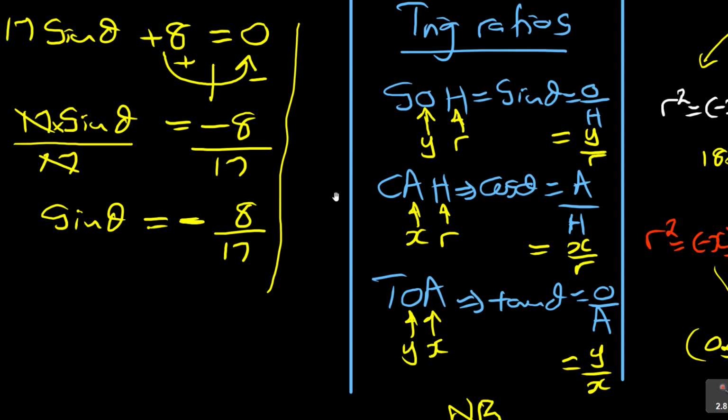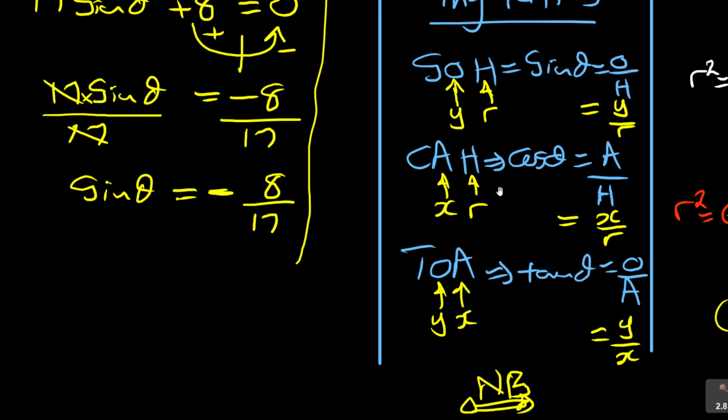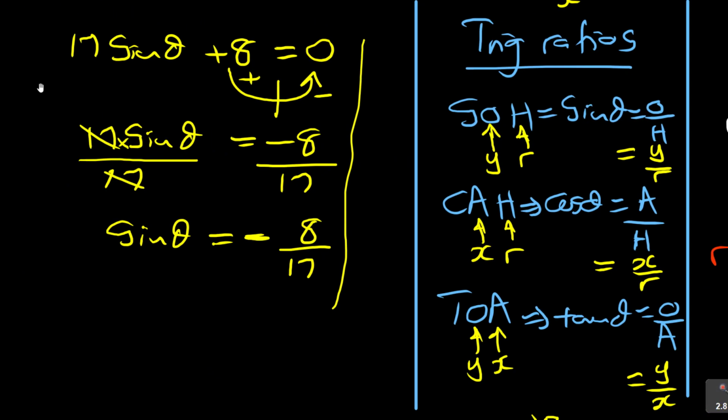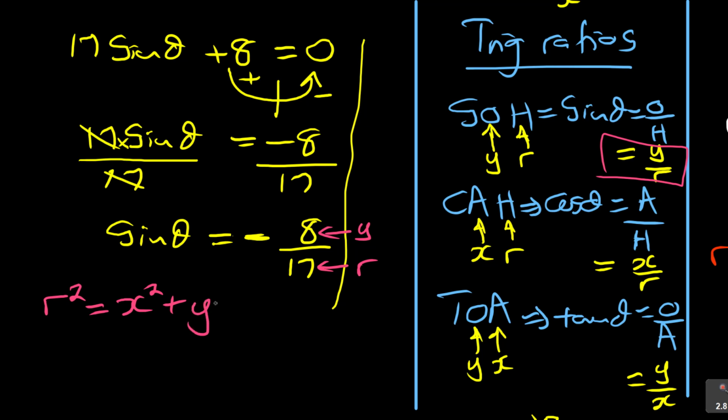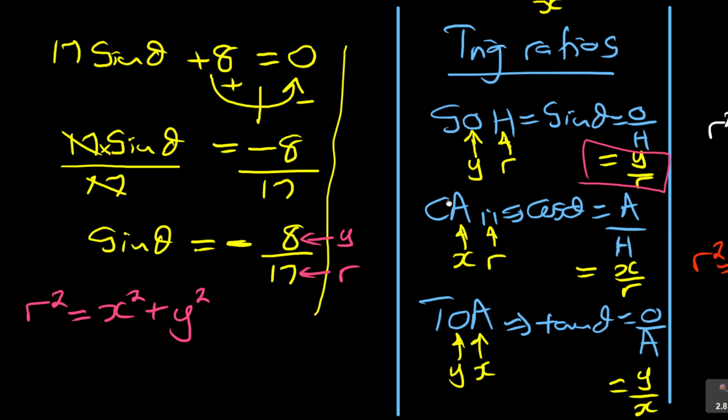Before we go to the question, once you can identify this, you will be able to tell that sine theta is y over r, so this becomes my y, this becomes my r. Where am I getting it from? I'm getting it from there. So I can say r squared is equal to x squared plus y squared, as I said previously.